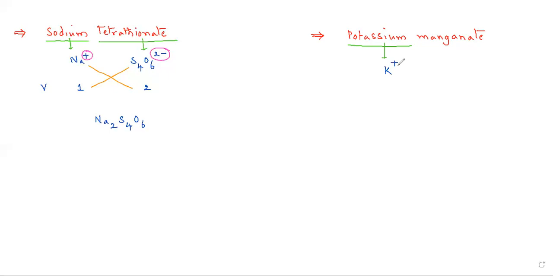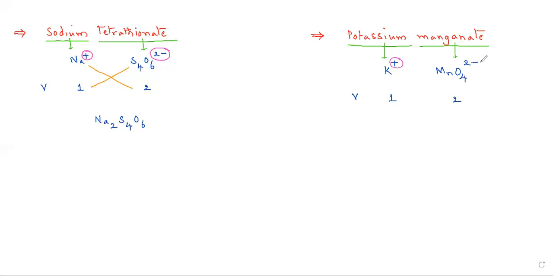And coming to the formula of manganate ion, you know, permanganate is MnO4-, but manganate is MnO4 2-. Okay. Now coming to the valency of this, it is 1 here. And coming to the valency of this, it is 2, right?